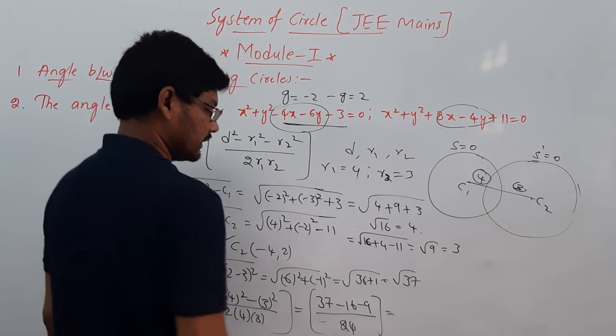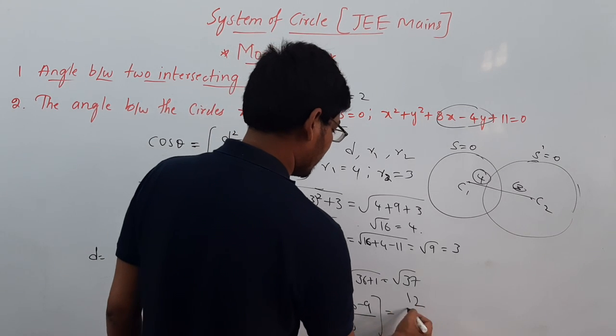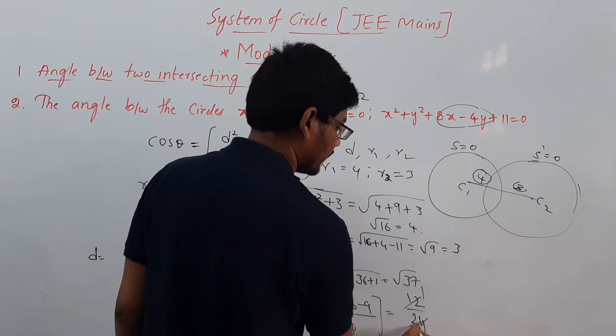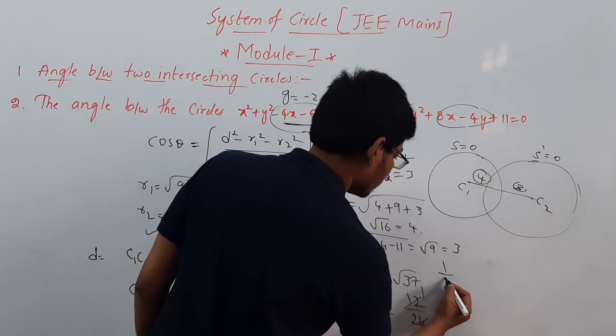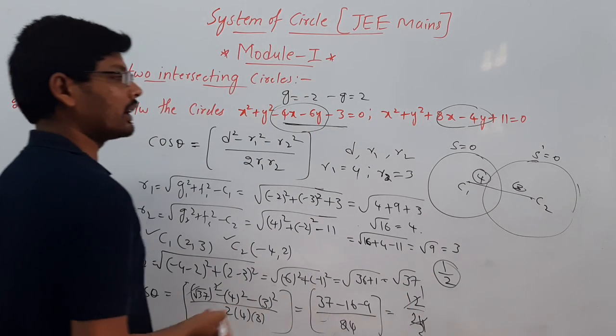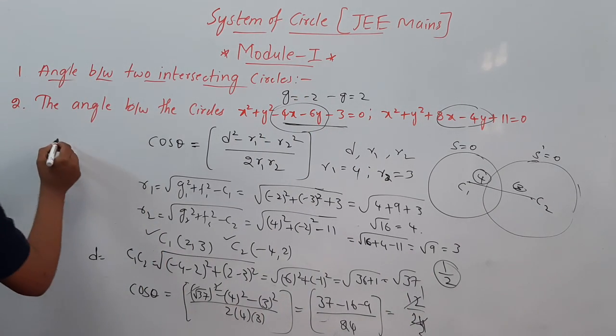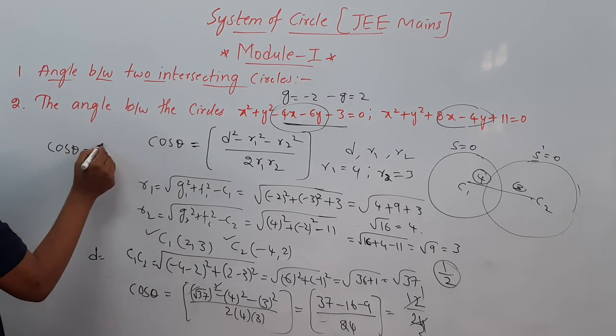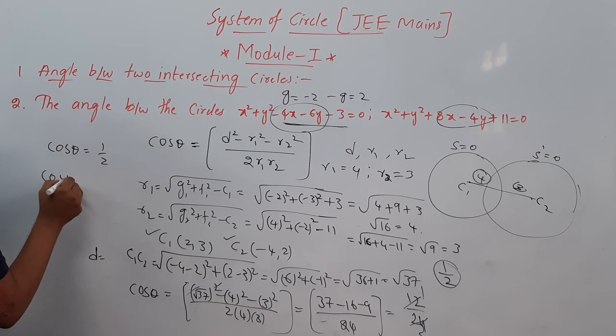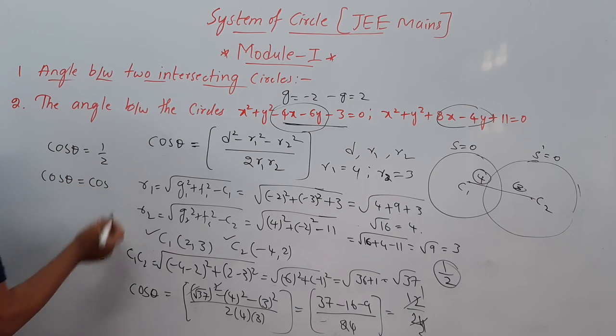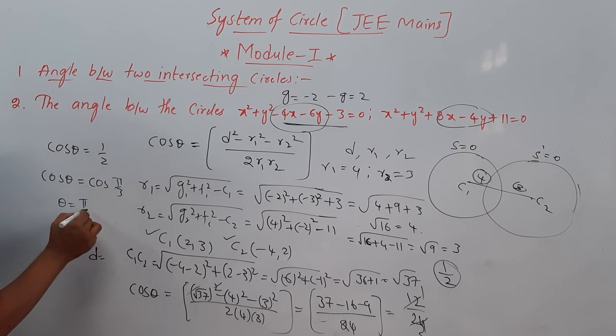That implies 37 minus 25, that is equal to 12 by 24. 12 1s are 12, 12 2s are 24, 1 by 2 is the answer. Cos theta is equal to 1 by 2, cos theta is equal to cos of pi by 3. So theta is equal to pi by 3. The option is pi by 3 here.